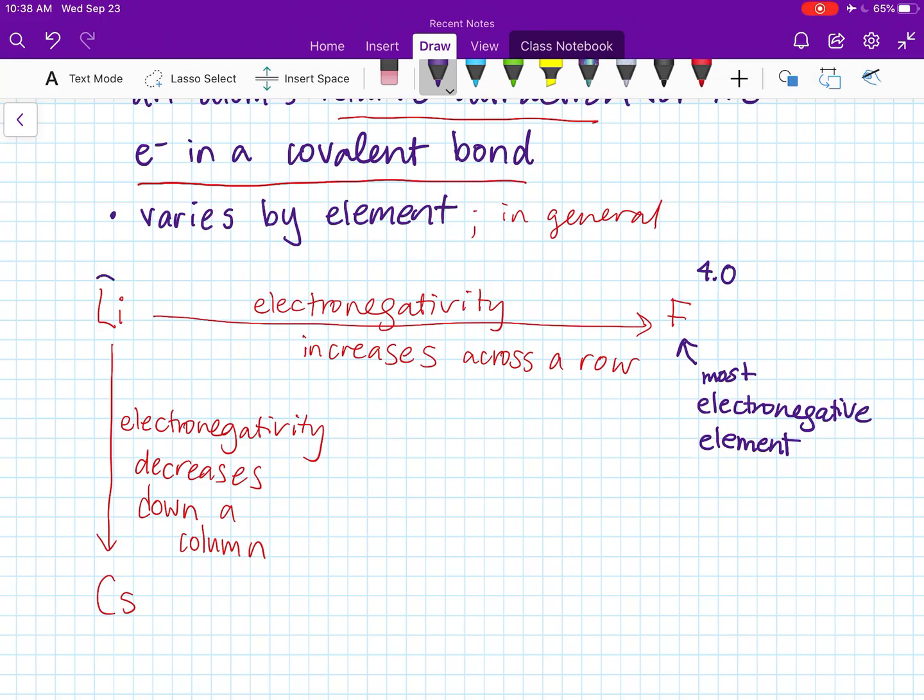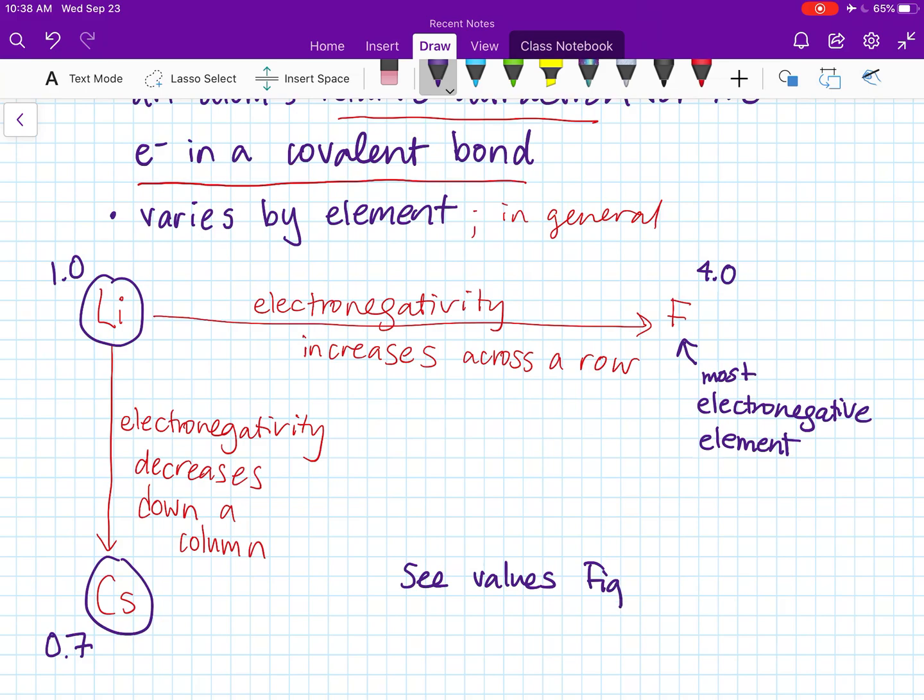To give you some idea, lithium has a value of 1.0 for its numerical electronegativity. Cesium has a value of 0.7. So you can see how electronegativity decreases down a column and increases across a row just looking at these values. And these values are something you can look up. You can find them in your book if you would like.